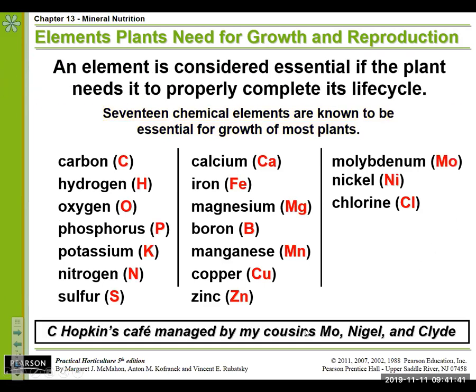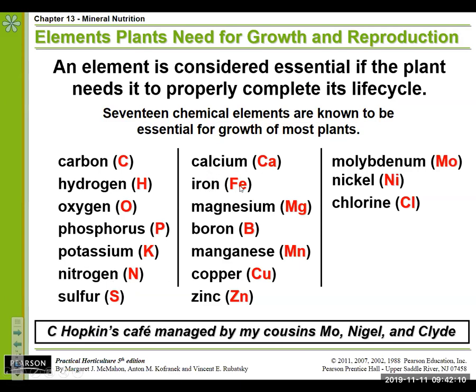So here's just a little limerick. C. Hopkins Cafe, managed by my cousins, Mo, Nigel, and Clyde. A way to remember these 17 essential elements. C for carbon, H in Hopkins for hydrogen, and then OPKNS, the rest of Hopkins: oxygen, phosphorus, potassium, nitrogen, sulfur.